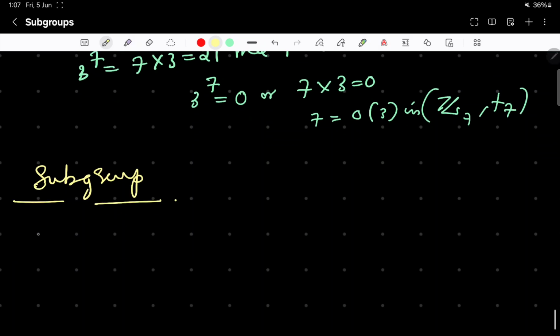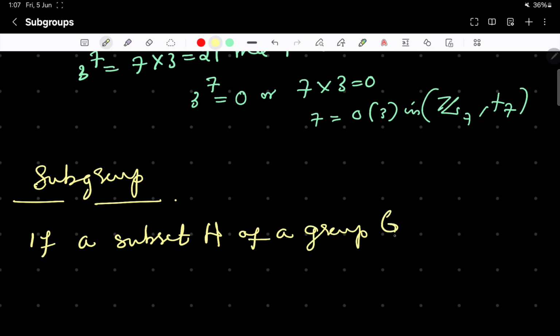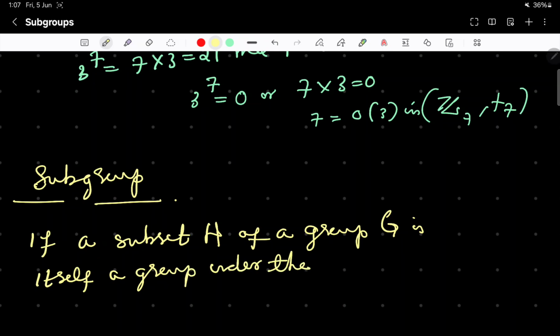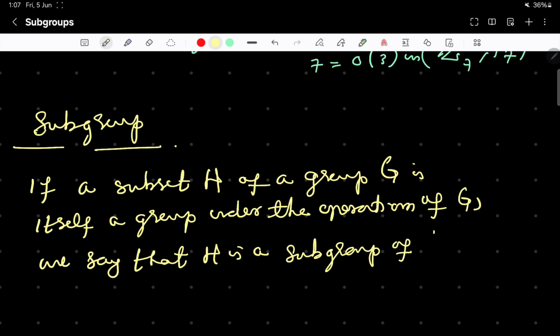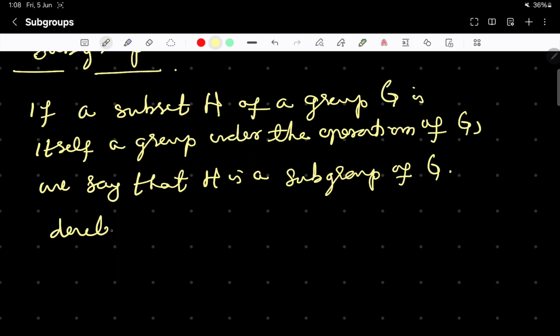Okay, so if a subset H of a group G is itself a group under the same operation, under the operation of G, we say that H is a subgroup of G. So we denote it by H is a subgroup of G.